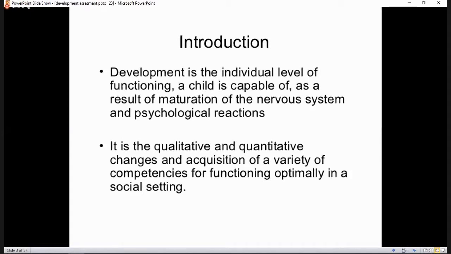It comes with maturity. If the child is less than 8 months, he will have no stranger anxiety. He will go to everybody's hands with no issues. As compared, if the child is more than 6 to 7 months till the age of 2 years, he will not like to go with strangers.